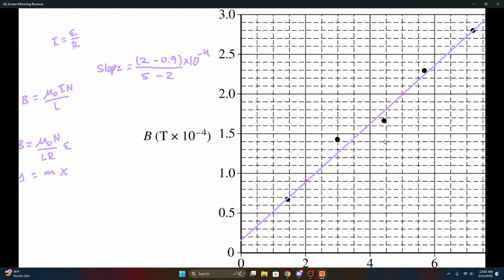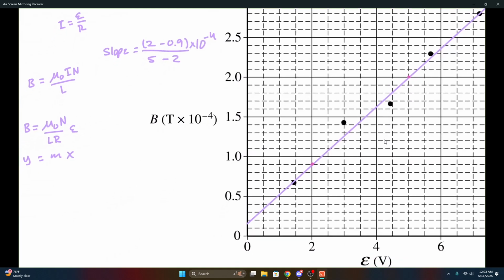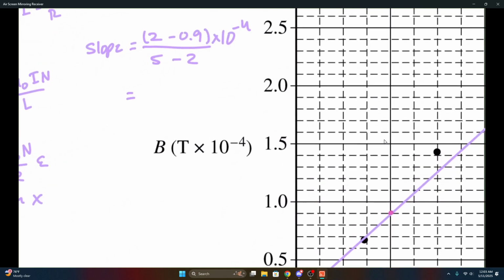So this should equal something, probably, equals 0.6 times 10 to the minus 5.